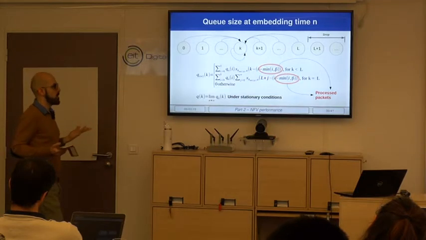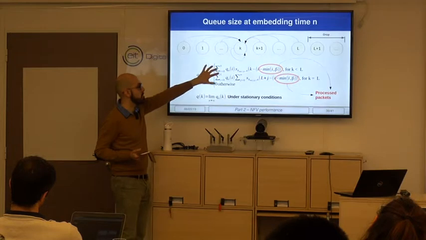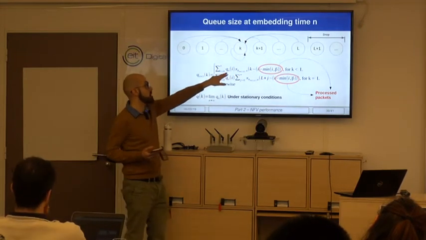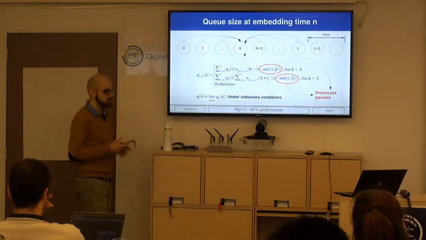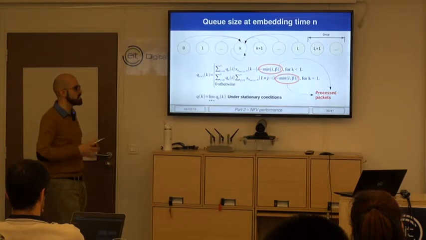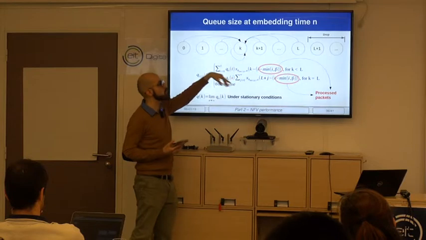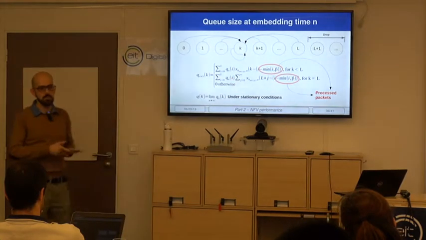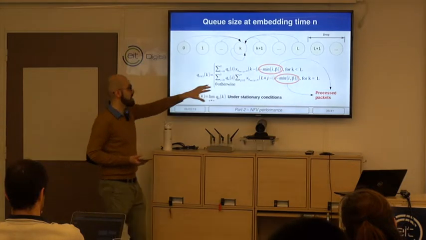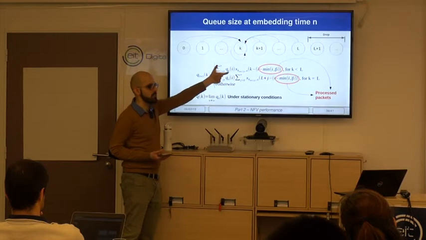So why does it change? Because in one case, we can go to a state k from any of the possible states within the queue. And in fact, here we have to take into account a sum for I that goes from 0 to L of the previous queue size times the probability of having k minus I minus the minimum between I and beta packets arrived in the batch processing time.